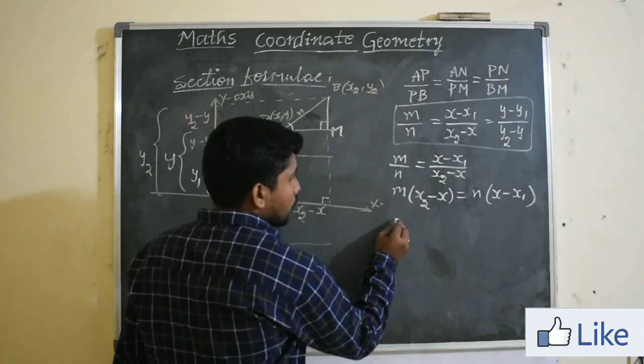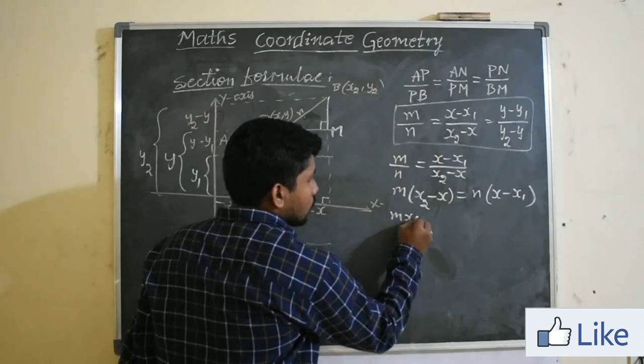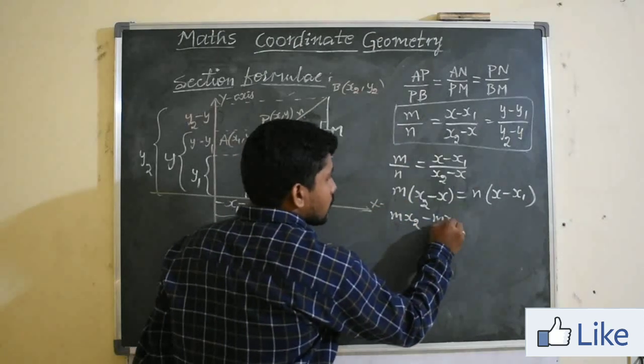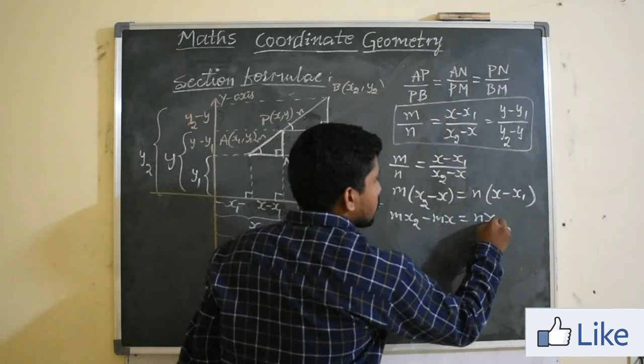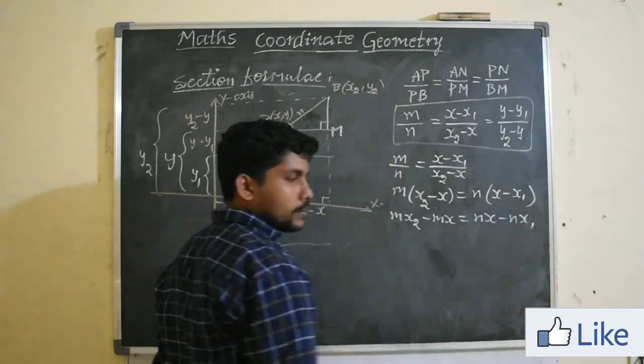Now upon multiplication, we get mx2 minus mx is equal to nx minus nx1.